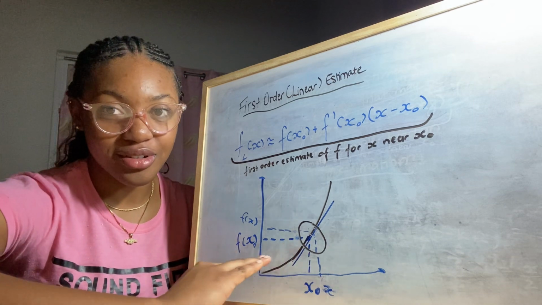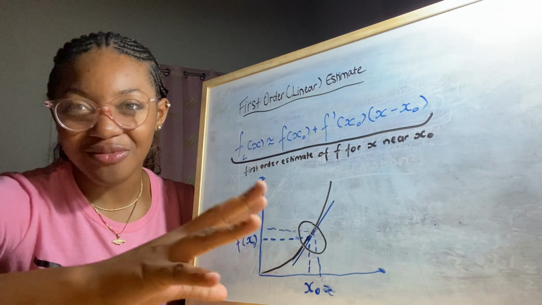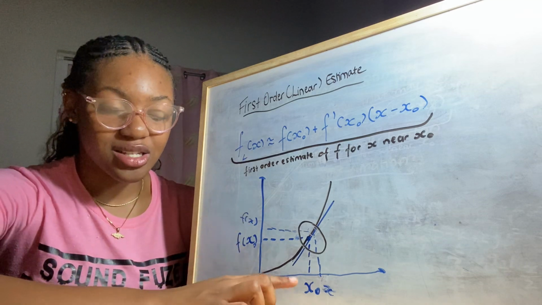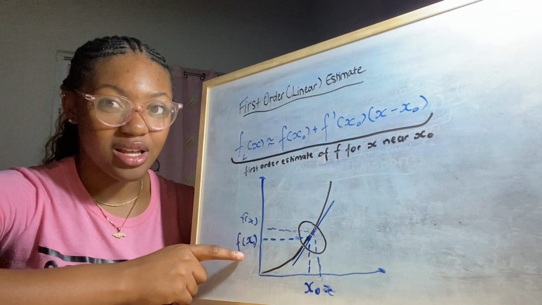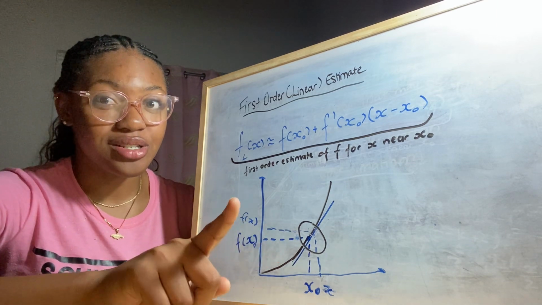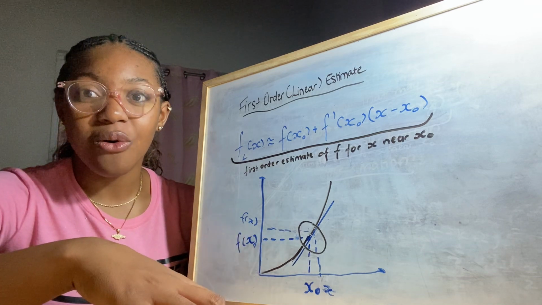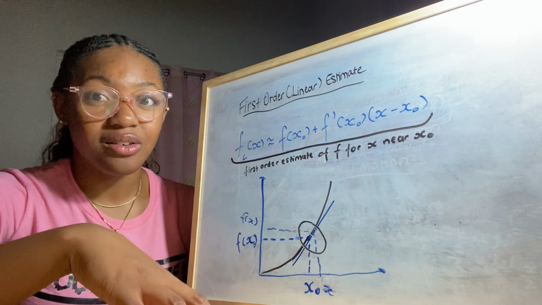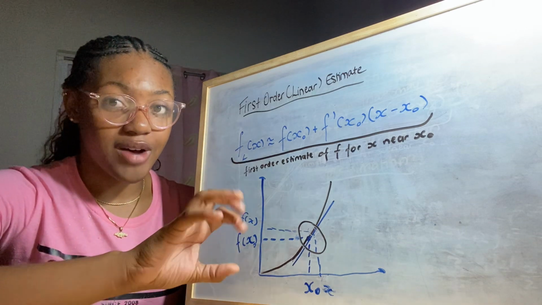Just to add more clarity, we have a function. This is our curve. And we want to find what value that function is going to give us when we substitute x naught into it. So we're finding f of x naught. Since we have a tangent that touches the curve at that point, the equation of the tangent would give us the exact same value. Why?